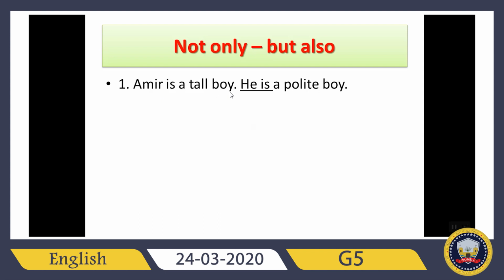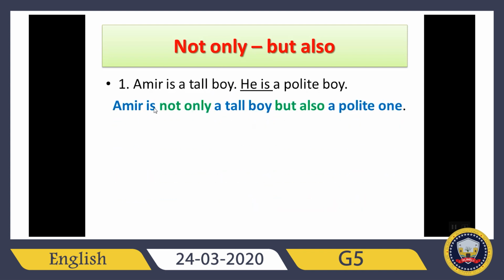Amir is the same as he, so the objects are different: a tall boy, a polite boy. So we must omit all the words between the two objects. So it will be like this: Amir is not only a tall boy but also a polite one. We put not only before the first object and but also before the second one.